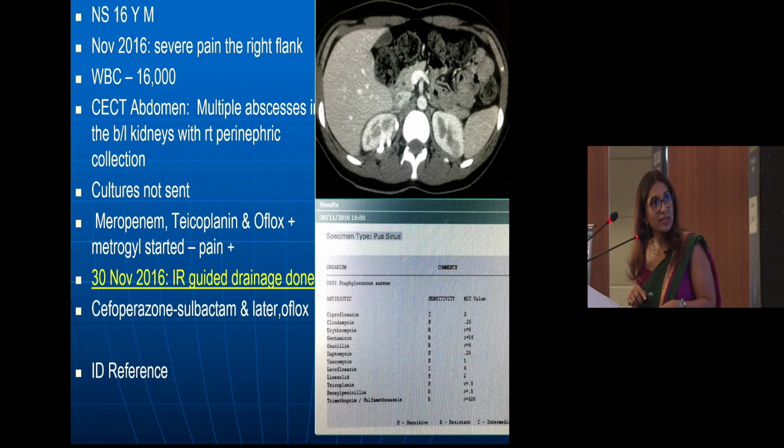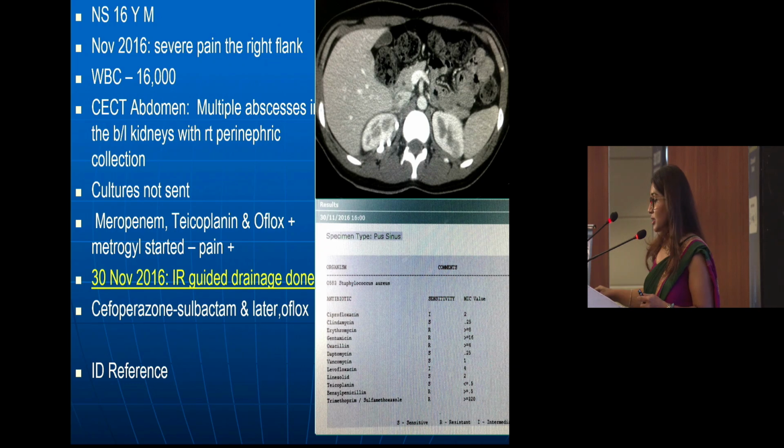Initially cultures were not sent, and he was initiated on meropenem, teicoplanin, ofloxacin and metronidazole, but the pain persisted. Then he underwent IR-guided drainage, and from the pus Staphylococcus aureus was obtained, which was MRSA, oxacillin resistant.